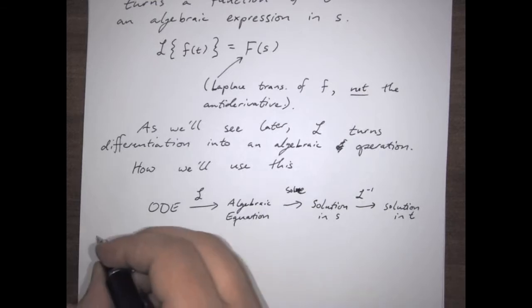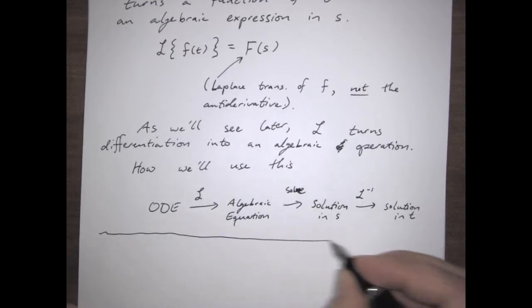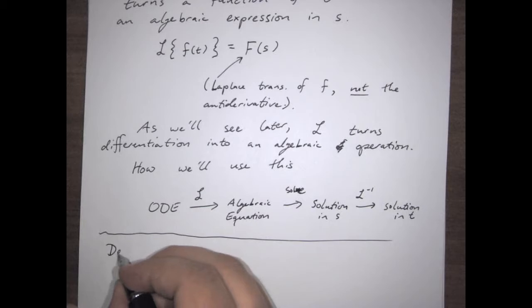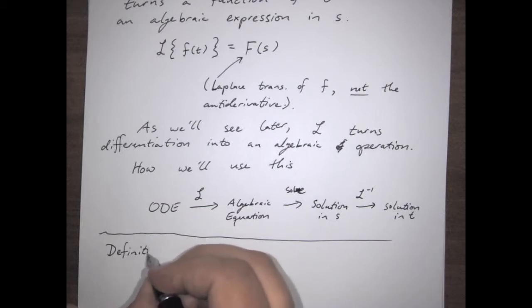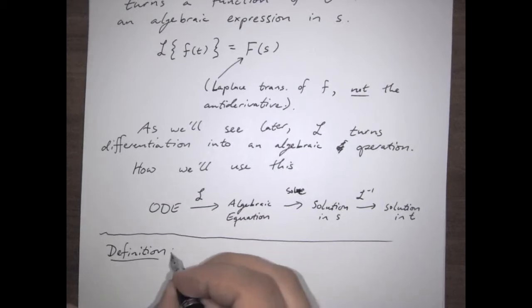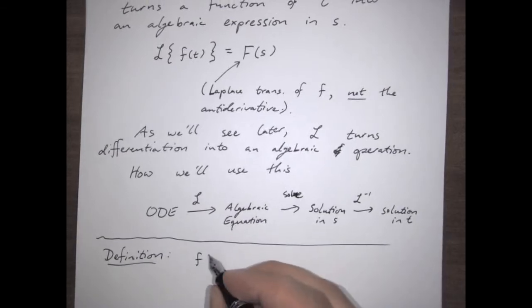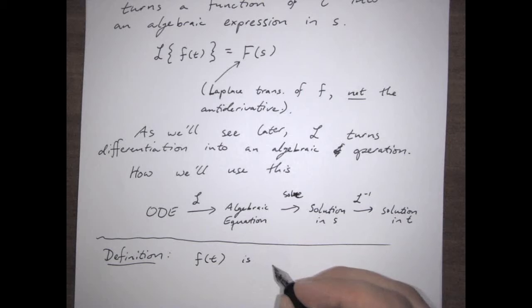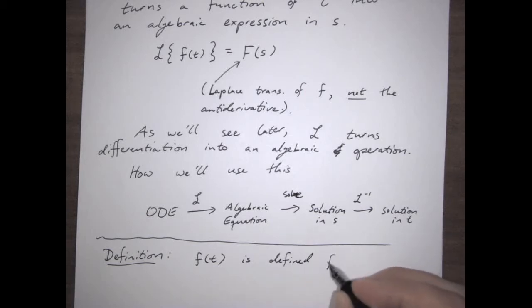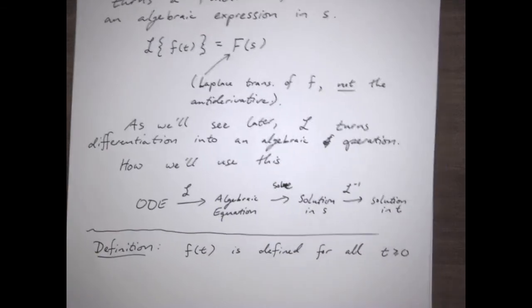Now, here's the official definition. The setup is that f of t is a function defined for all t greater than or equal to 0.